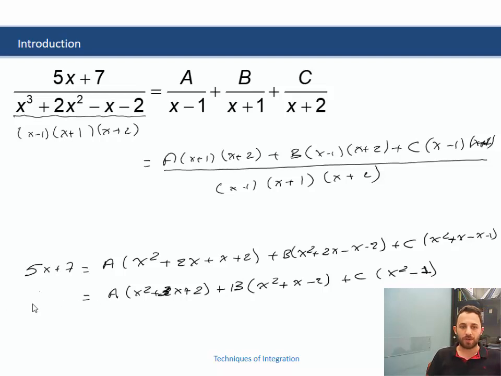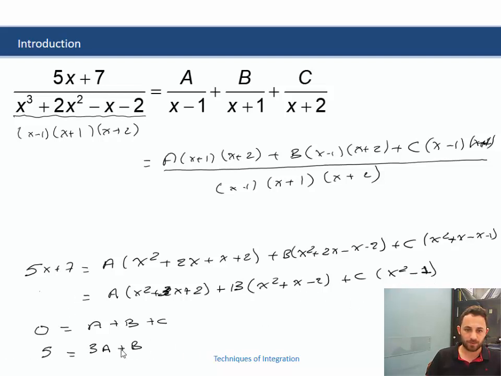Now you can compare the coefficients of the left hand side to the right hand side. So here we get the coefficient of x squared is equal to 0 on this side, which equals A plus B plus C. The coefficient of x: 5 is equal to 3A plus B. Okay, there is no x here.